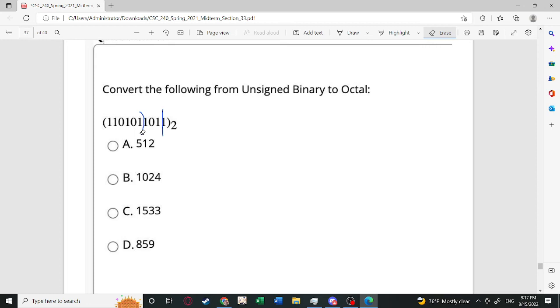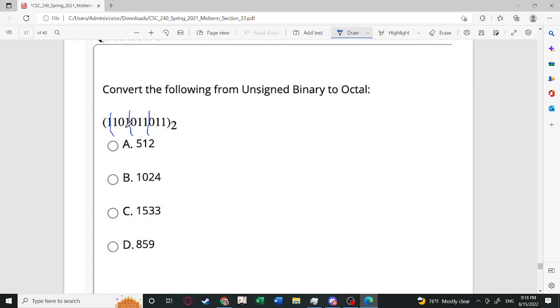Okay, so as you can see, there is an odd number of binary digits. Yeah, you have to do it the other way. If it's even, you can do both ways. So you have to do it this way. And then you have this, and then you have that.